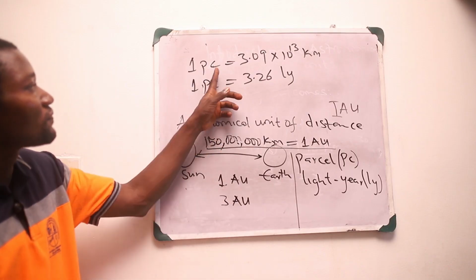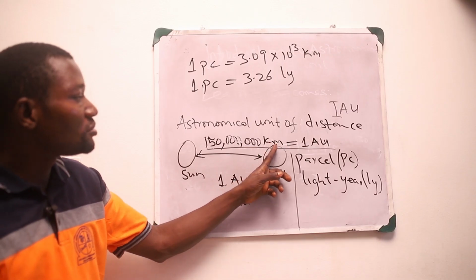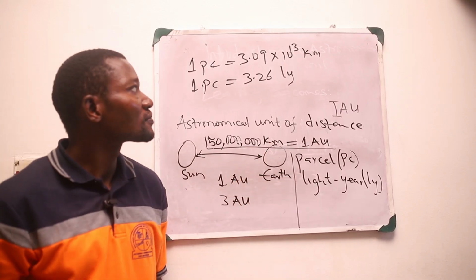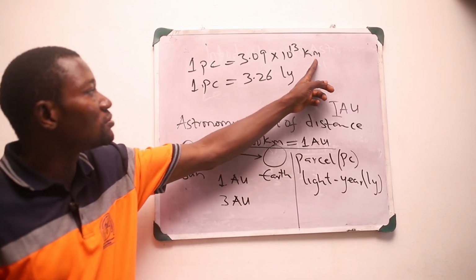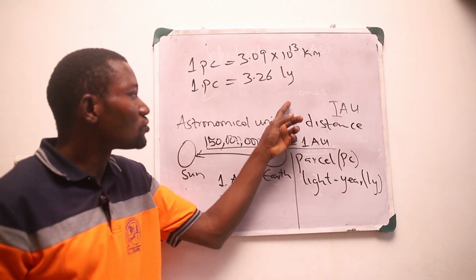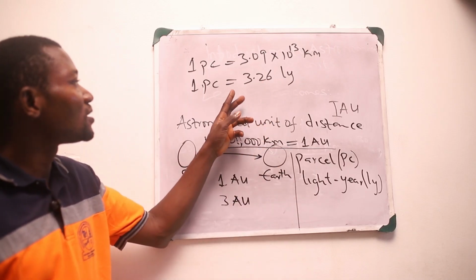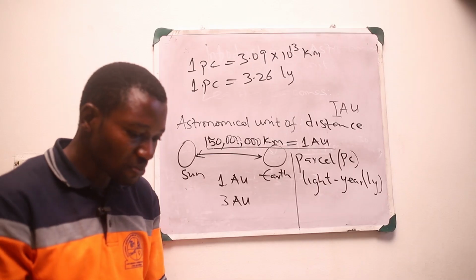So these are the conversion factors to convert from kilometer to astronomical unit, and also from parsec to kilometer and parsec to light year. So with this, we have a good representation of a distance in space.